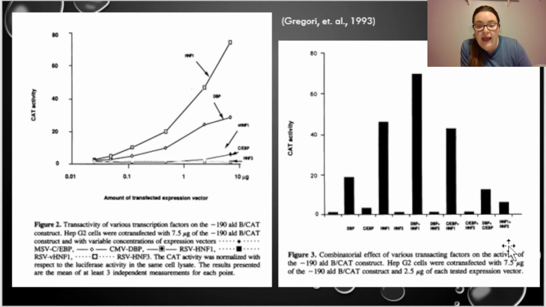Now, if we look at HNF3 and HNF1, it goes down very low as well because HNF1 by itself was here. If we mix it with HNF3, which starts out here just by itself because it's very inactive, it is a dramatic decrease.